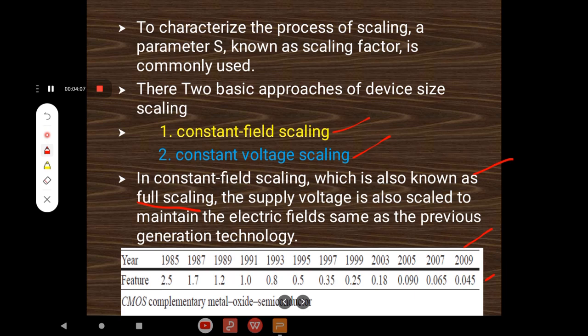That means when the technology goes on increasing, the size of the device decreases, right? So based on this we have to think about how small the devices fabricated nowadays are, because technology is very advanced compared to 2009. So obviously we can design more and more smaller dimensions of MOSFETs in semiconductor applications, right?